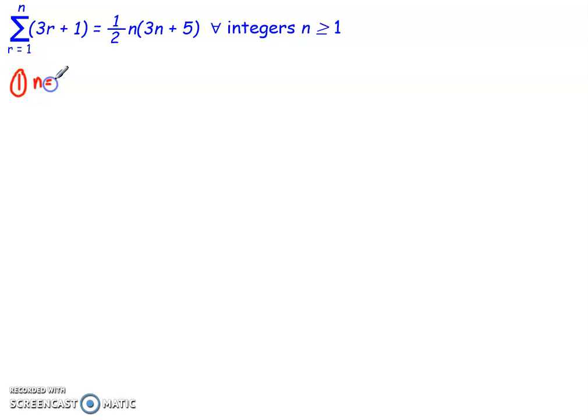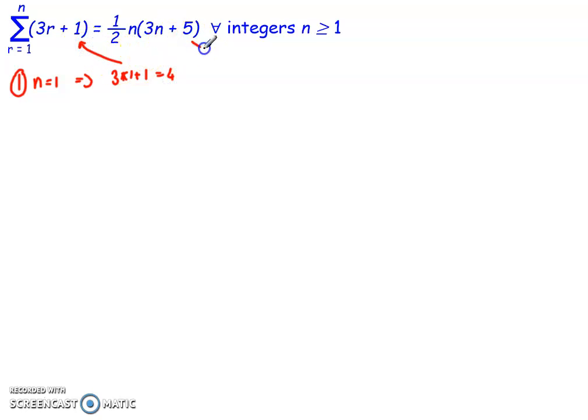So we take n equal to 1, and what we do is we look at both sides and see what we get. So the sum from r equals 1 to n, well this time it's r equals 1 to 1, so it's just that on its own, is 3 times 1 plus 1, that equals 4, so that's my left hand side there.